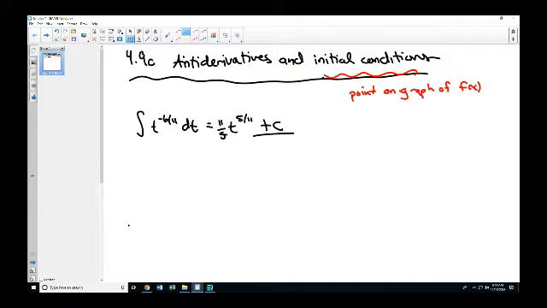You're going to be able to solve for where that plus C should be. Okay, that's all it is. An initial condition is just some information to help you solve for whatever the constant might be, plus C.